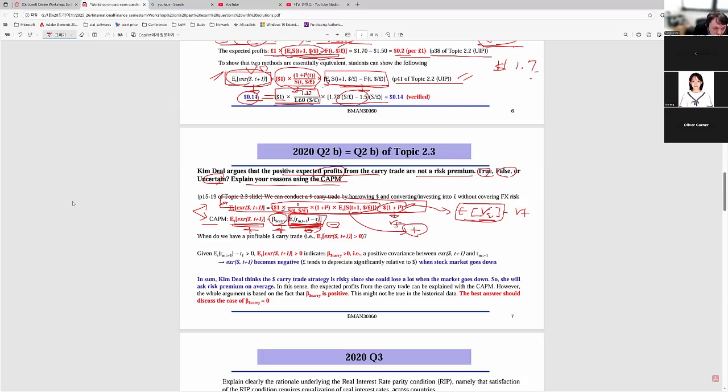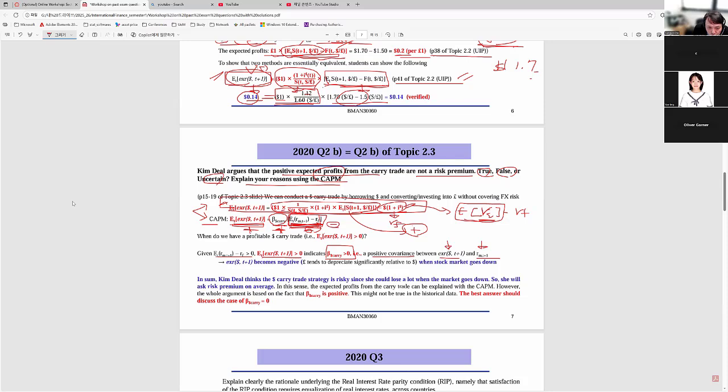So what is the meaning of positive beta? Given positive market excess return, if you earn positive profit from implementing dollar carry trade, it indicates the beta of dollar carry is positive. That means there is positive covariance between the excess return from implementing this strategy and the market return. What is the meaning of that? Positive covariance means when the market goes down during the bad time, the return from implementing carry trade will be lower, will be negative.